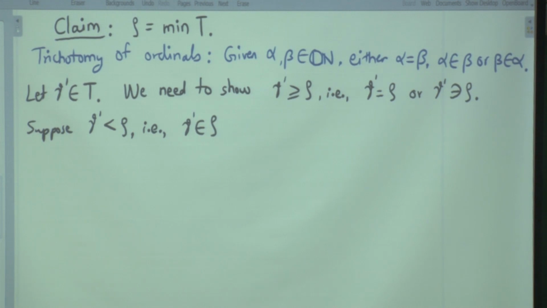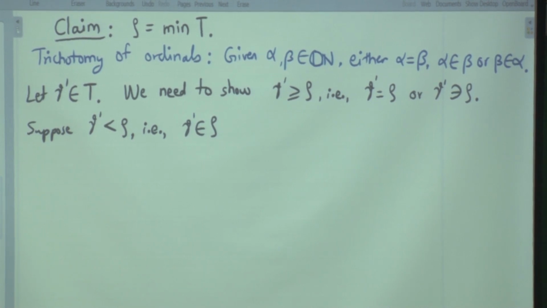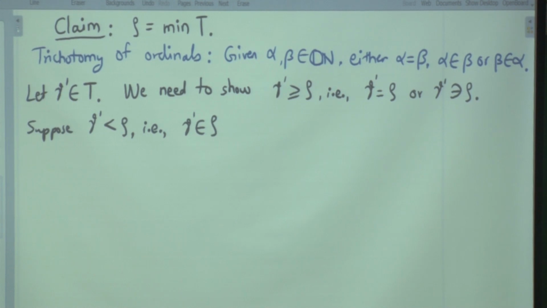Isn't that the definition for ordinal less than? But maybe I am referring to trichotomy. Trichotomy needs a proof that given any two well-ordered sets, either they are isomorphic or one is isomorphic to an initial segment of the other. That needs a proof. Okay, so suppose gamma prime is less than rho, i.e. gamma prime belongs to rho, then what can we say?